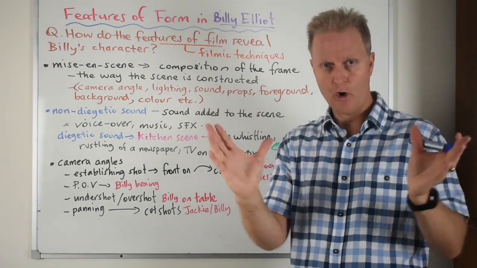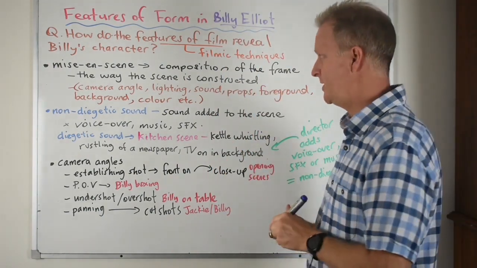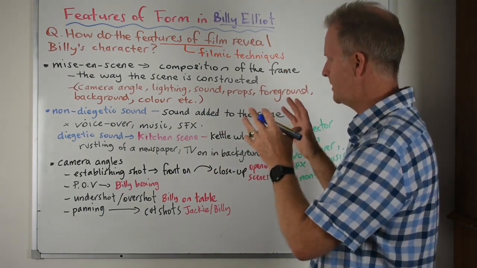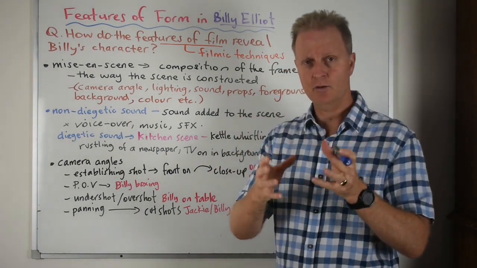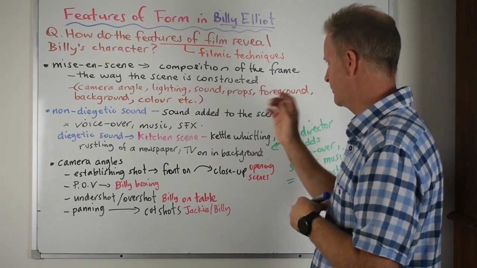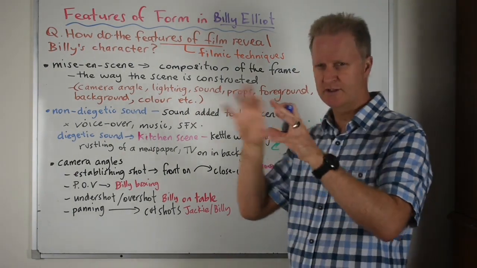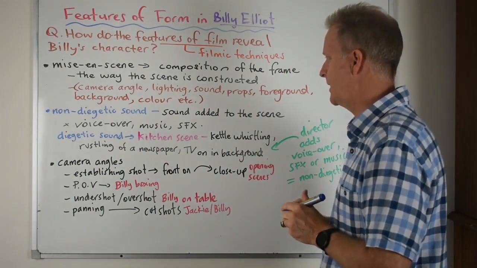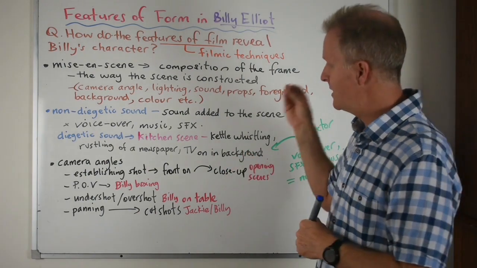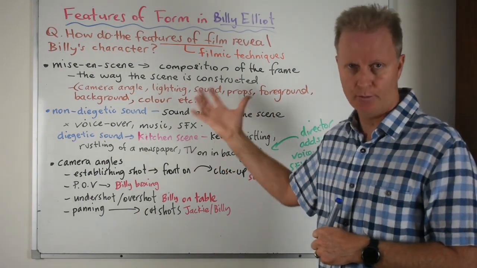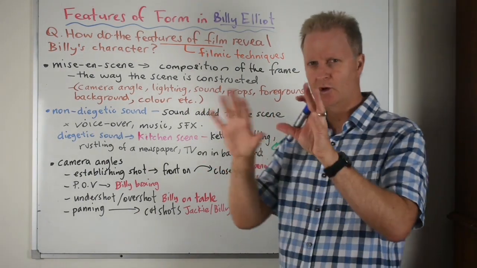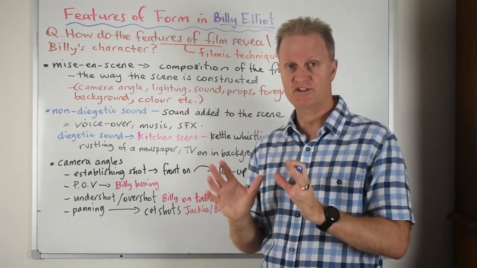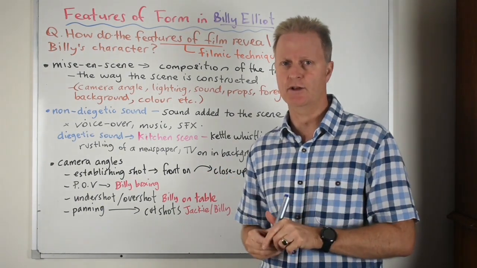So it's the composition of the scene, and generally speaking, we can look at a scene and think about the camera angles, the use of lighting, sound, how things are positioned, whether they're in the foreground or the background, what the salient image is, the use of colour, the use of costume or props.